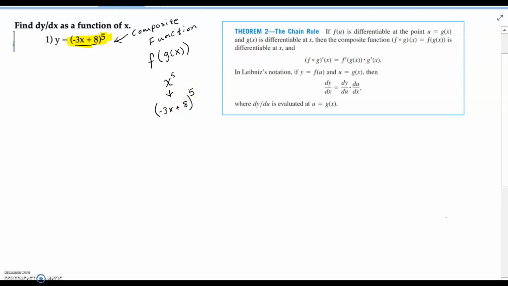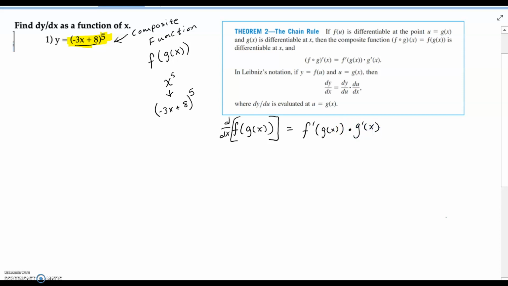It's composed of something. f is composed of g. And there's actually a really nice rule, and we call it the chain rule, that allows us to take the derivative of such a function. So if you have a function f composed of g of x, and you want to take the derivative, and I'll write it out in Leibniz notation, you take the derivative of the outside, f prime, you leave the inside, and you multiply it by the derivative of the inside.